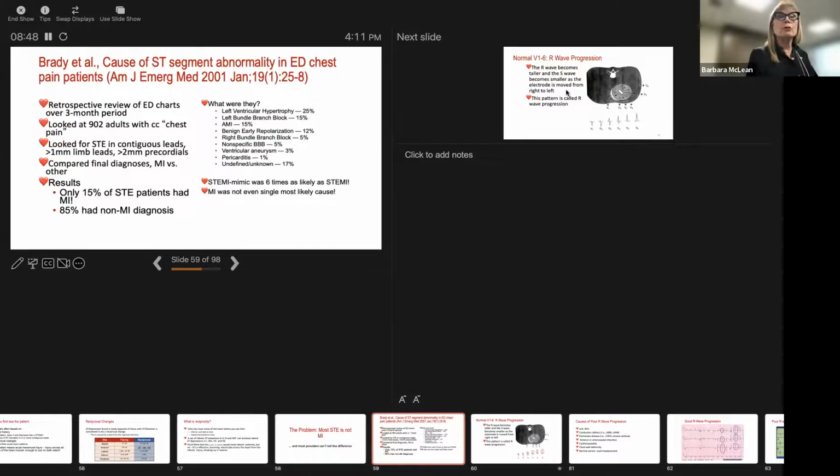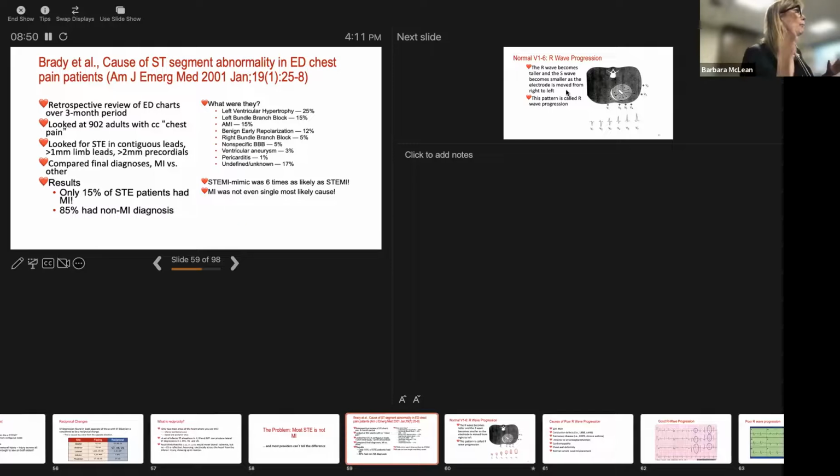It's really important to appreciate that the number one cause of ST segment elevation in emergency department chest pain patients, number one cause, is left ventricular hypertrophy. Okay, so remember at the beginning, I said, when you look at your EKG, you're looking at voltage. You should not have more than 1 millivolt on your left-sided leads, V3, V4, 5, and 6.